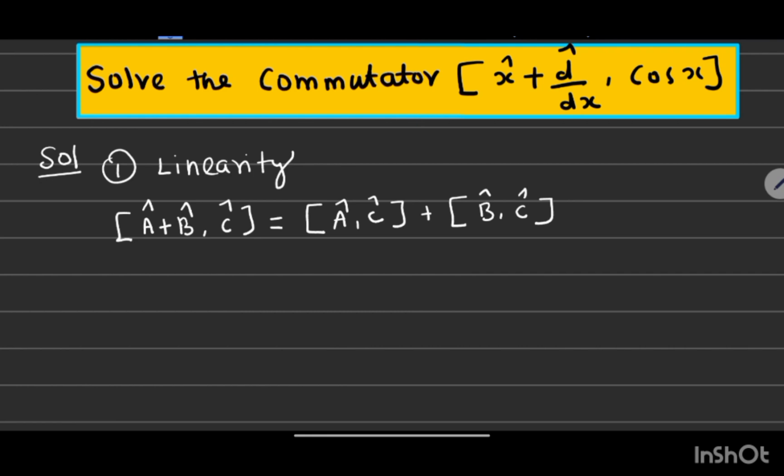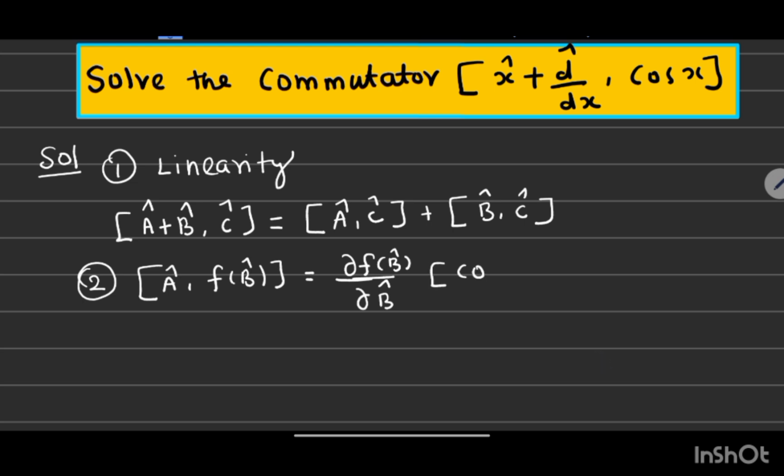And the second property you need is, suppose you have an operator and then a function of some other operator, then this can be simplified. The derivative of the function with respect to that second operator, and then the commutation of the first operator and then the second operator.